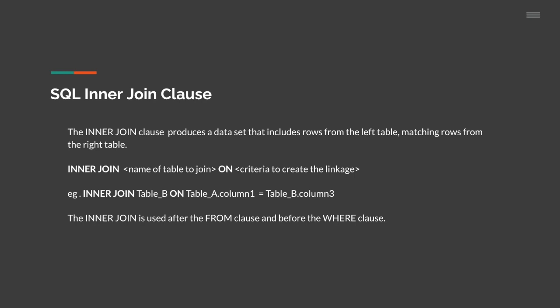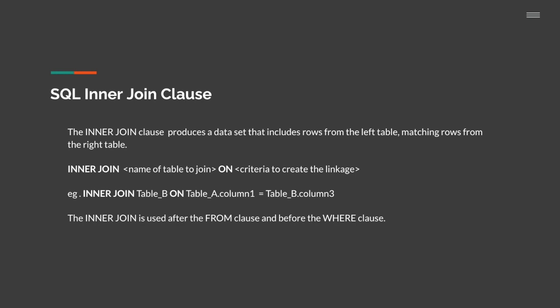The criteria in this case will be table A column 1 equals table B column 3. So what this is saying is that the records in table A, in column 1, we're going to match with the records in table B in column 3, and those records would be used to join both tables together to return matching records.